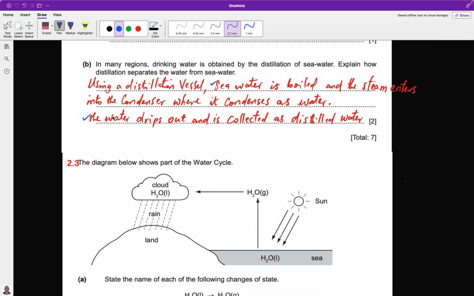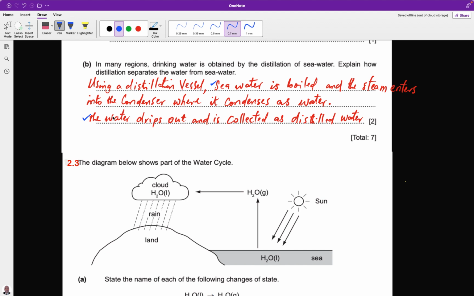In the process of distillation, what will happen here? How the seawater, just 2 marks. So you just need to describe how water is collected. Use your knowledge of distillation, how you can separate water from seawater.